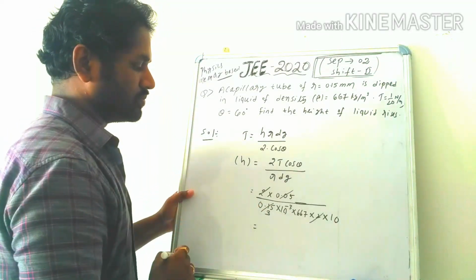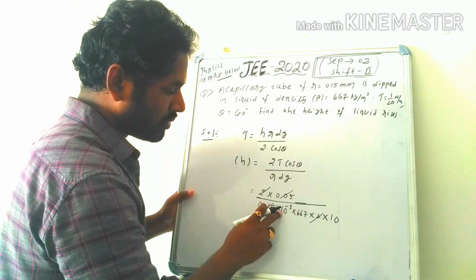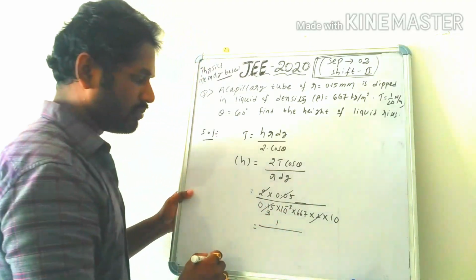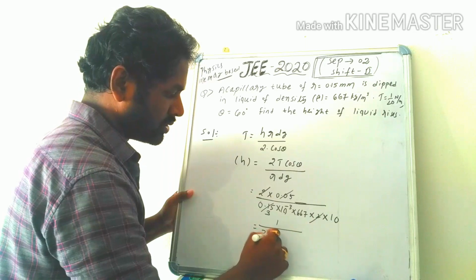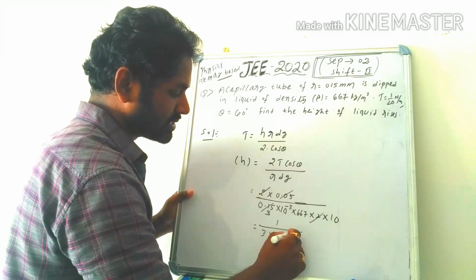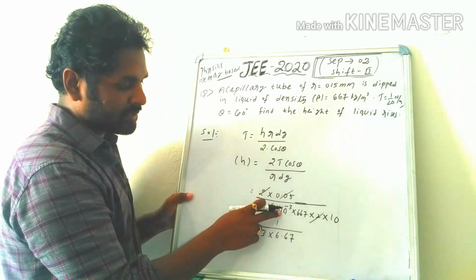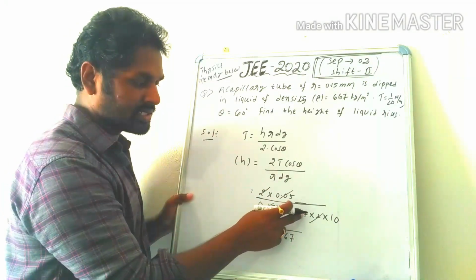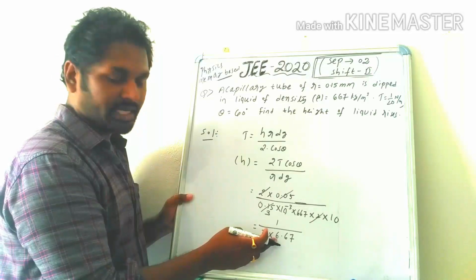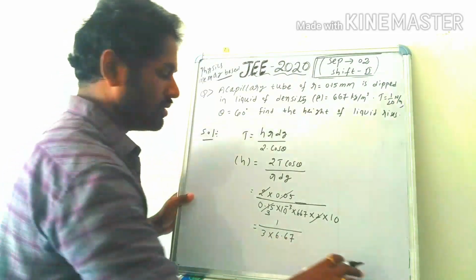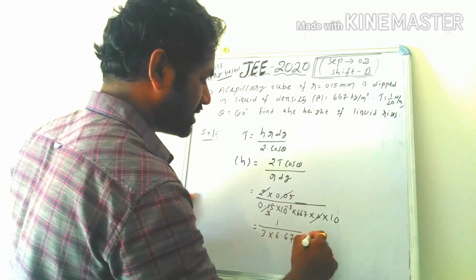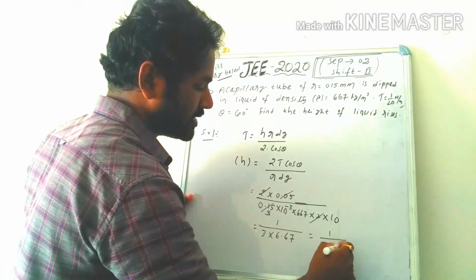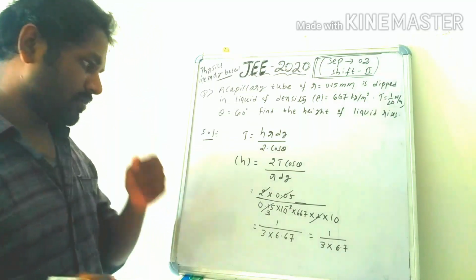That is equal to, if you see 10 power minus 3 into 10, 10 power minus 2. So you can write 1 divided by 3 into 6.67. 10 power minus 2 into 667, you can take it as 6.67. Or else, we can take this as 1 divided by 3 into 6.7.